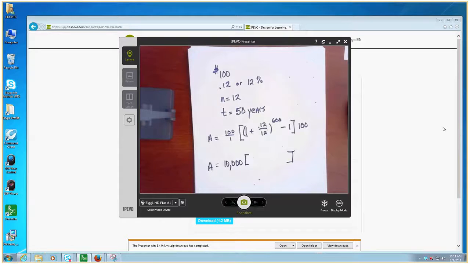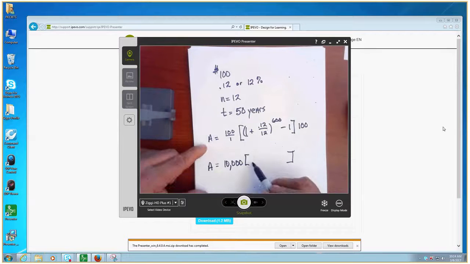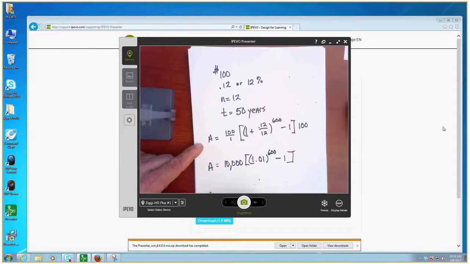So take your calculator and take 1.01, raise it to the 600th power, and minus 1. 390.58. $390? Okay, so that's all we made? Dadgum. $390.58.